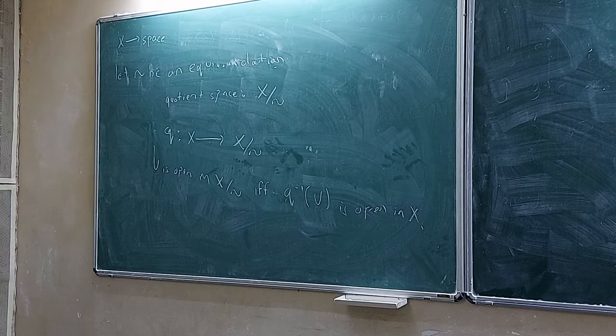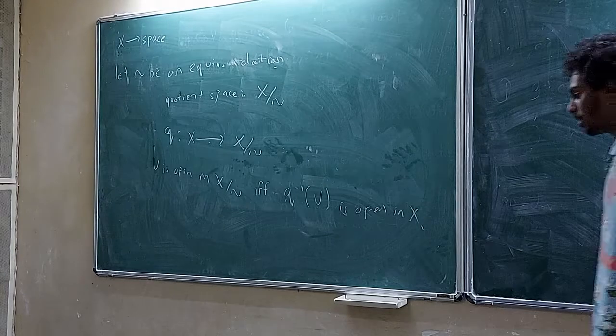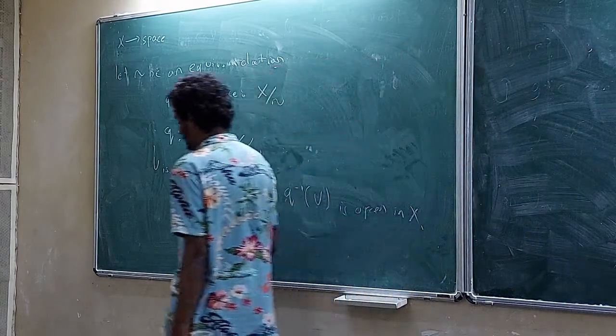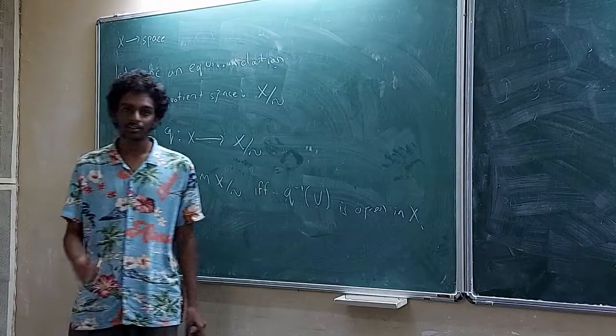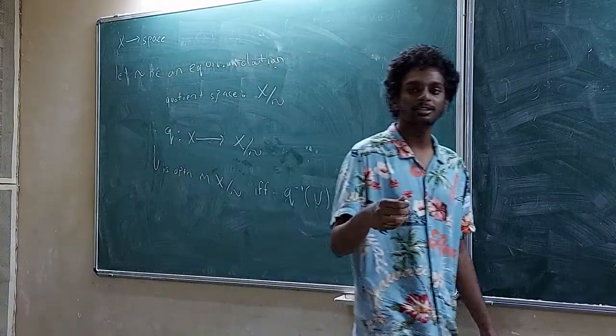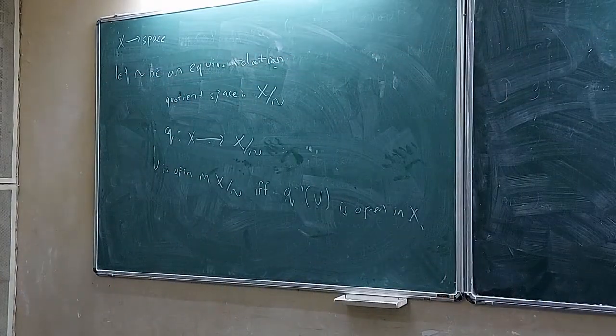Now, it is unfortunate that quotient topology forgets a lot of information of the space itself. And one of the most important pieces of information that it tends to forget is that the space was Hausdorff to start with. So, just to get into this, can you give me a Hausdorff space whose quotient space is not Hausdorff?